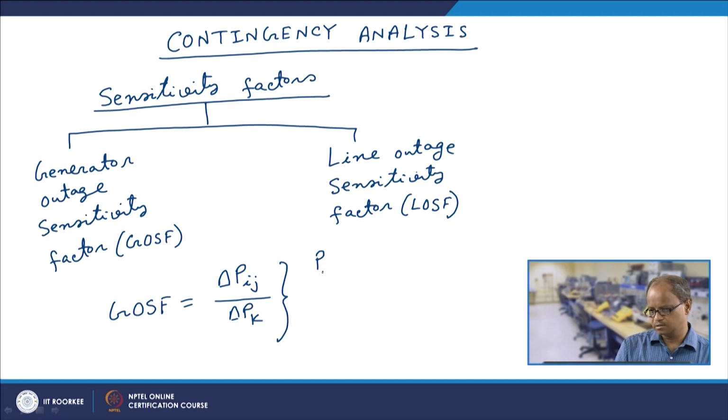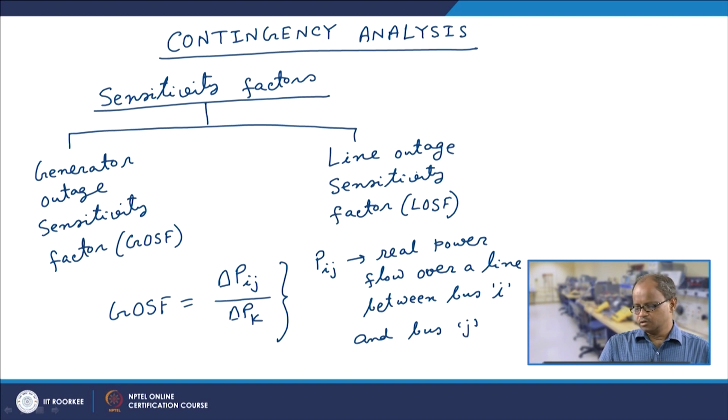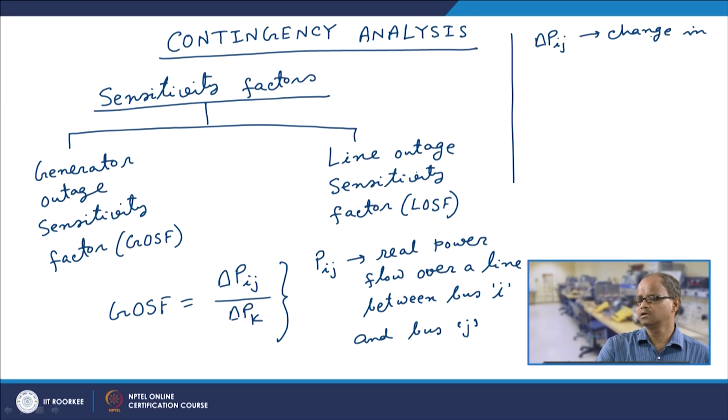Pij is the real power flow over a line between bus i and bus j, and del Pij is of course the change in Pij.